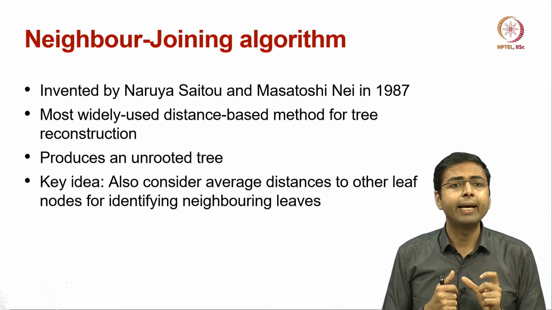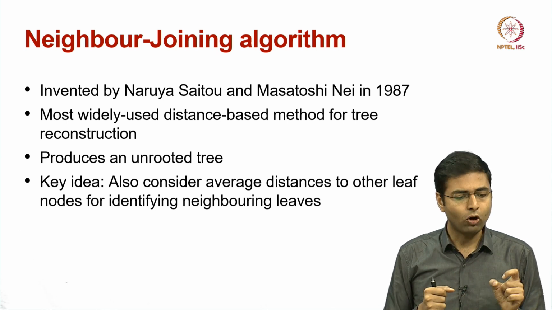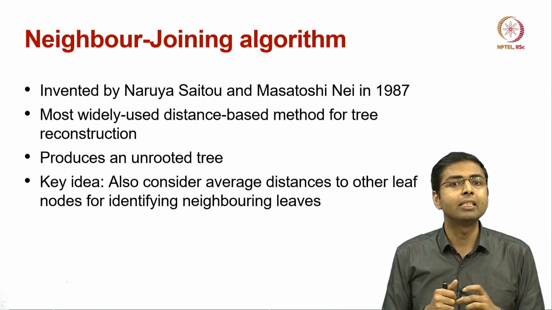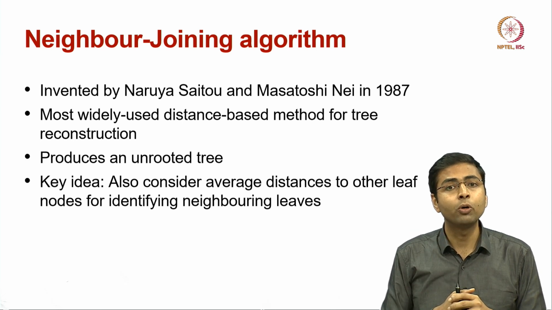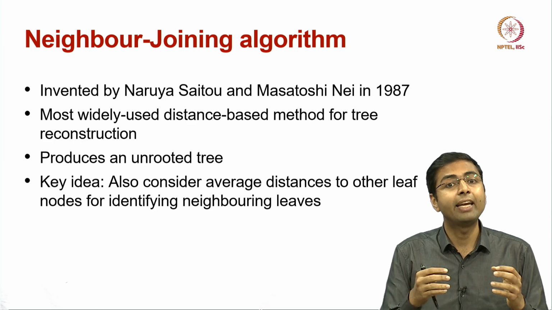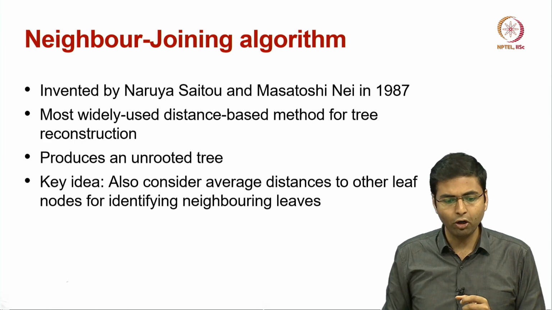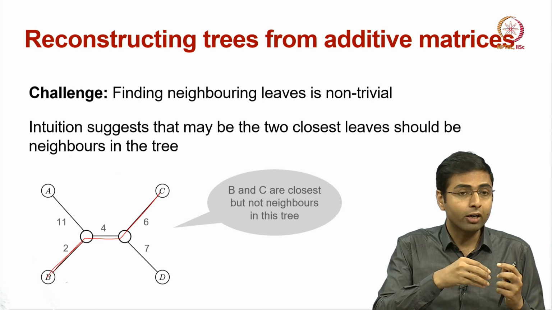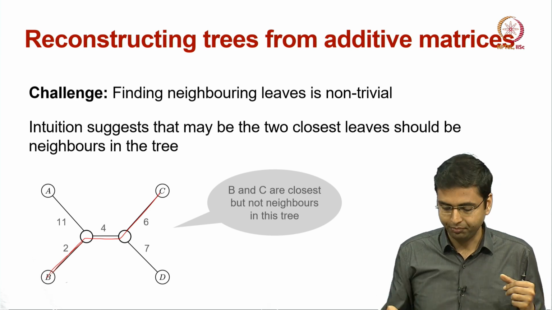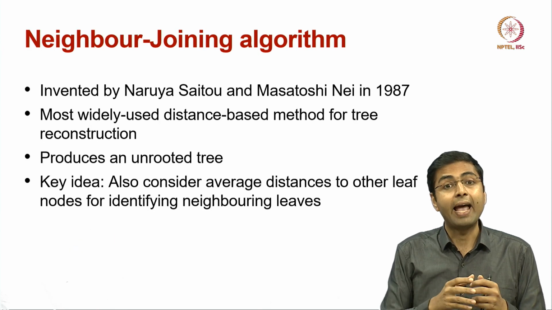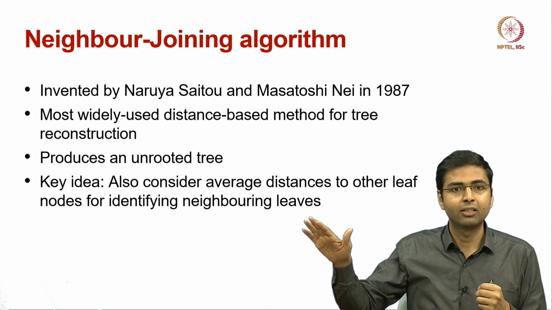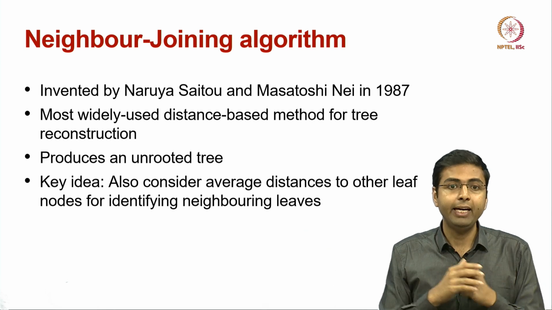The key idea in this algorithm is to consider average distances of each node to every other leaf node when we are identifying neighboring leaves. So, instead of being greedy and looking for the minimum pairwise distance, it computes the average distances with all other leaf nodes while figuring out the neighboring leaves.